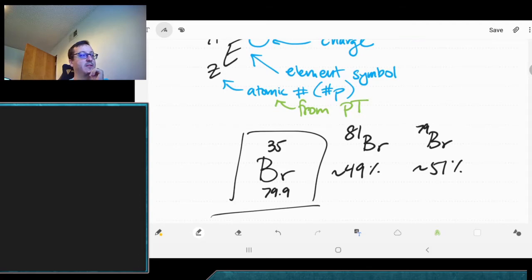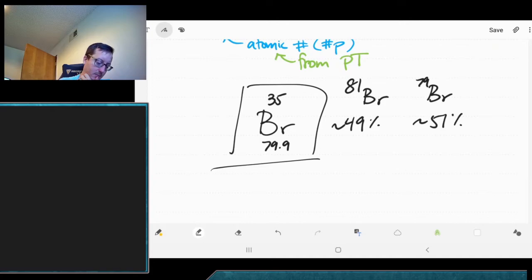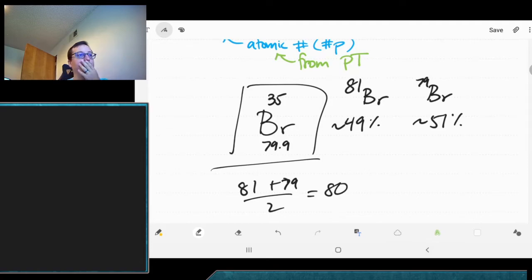And we see here, we have again this number from our periodic table, 79.9. Well, let's just try averaging those together. Well, that would equal 80, right? And that's not quite what we're looking for, is it?